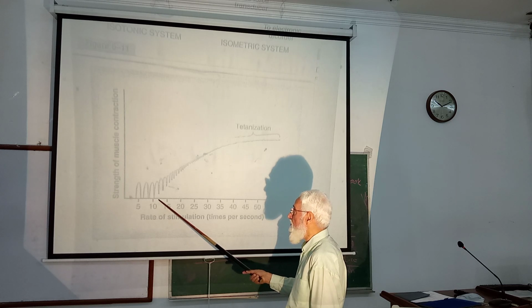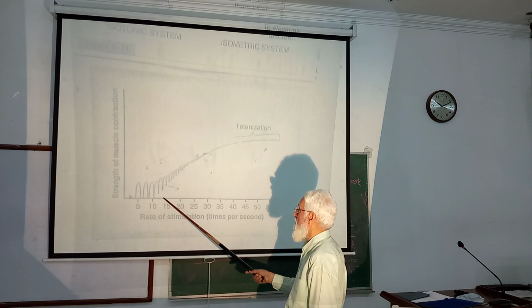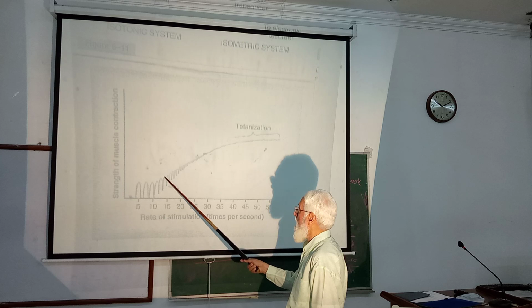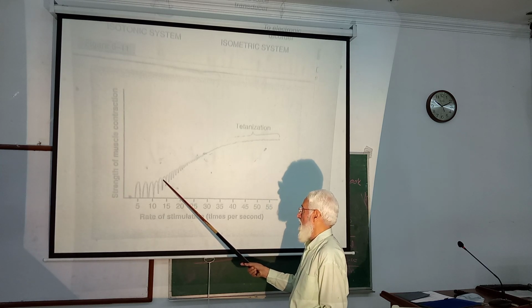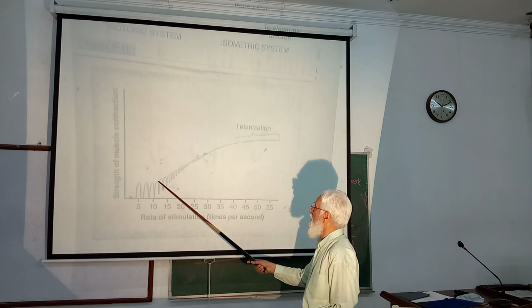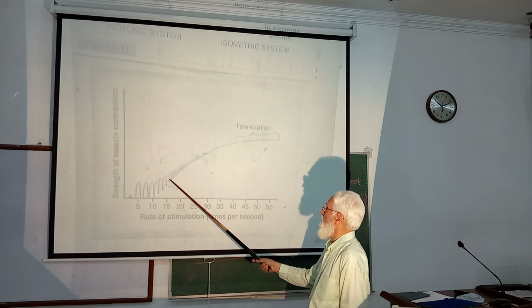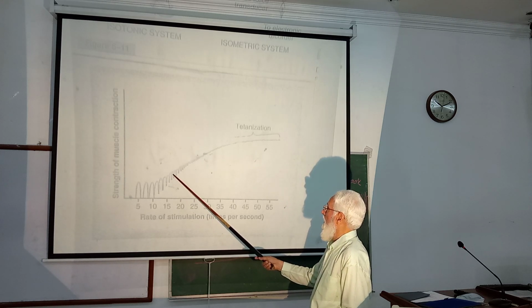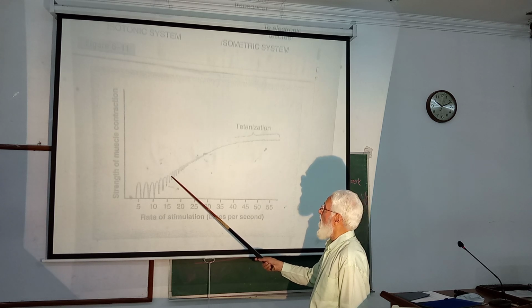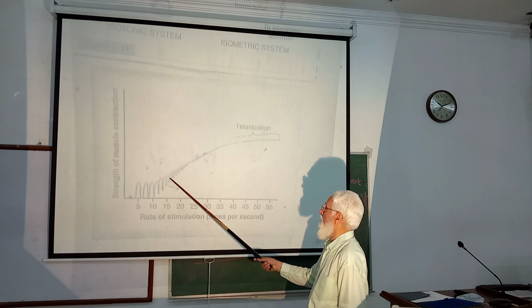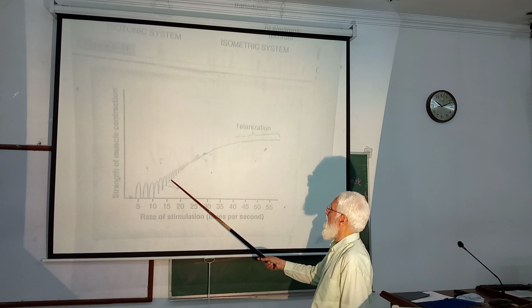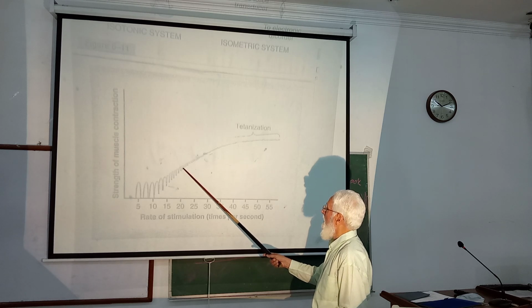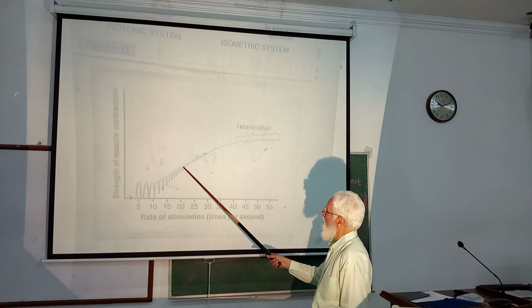But when we increase the frequency of stimulation, there will be incomplete fusion of muscle twitches. I mean, there are periods of incomplete relaxation between the fused muscle twitches.